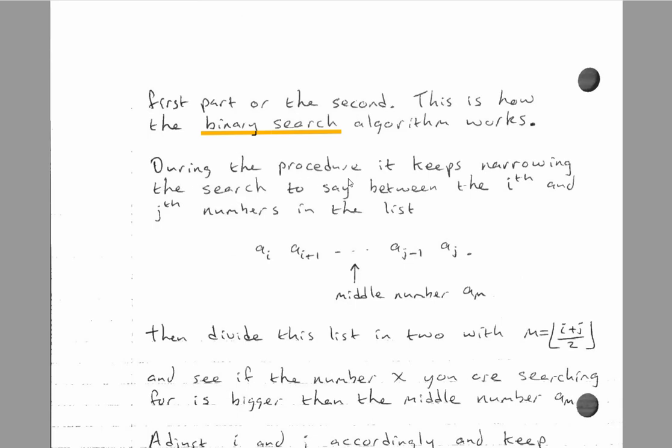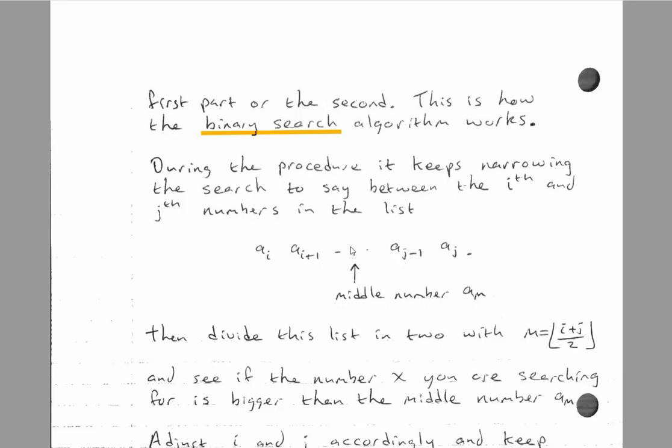The way it works, the procedure keeps narrowing the search to between the ith and jth numbers in the list. So if you've narrowed down the search to this range, a sub i plus 1 up to a sub j, you know that if the number's in the list, it has to be here.